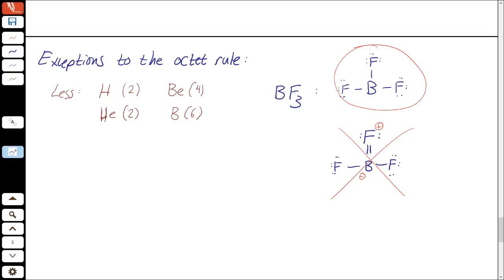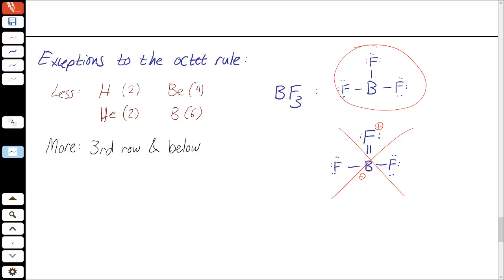Okay, and then the other side of the exceptions are the things that can have more than an octet. And this is everything in the third row and below. All of the atoms in the third row and below, because of the d orbitals, can accommodate more than just 8 electrons in their valence shell.